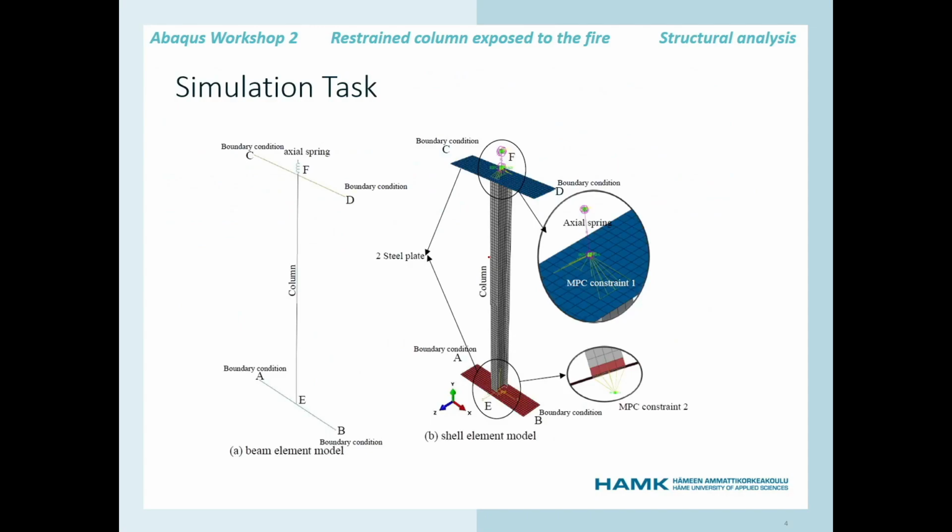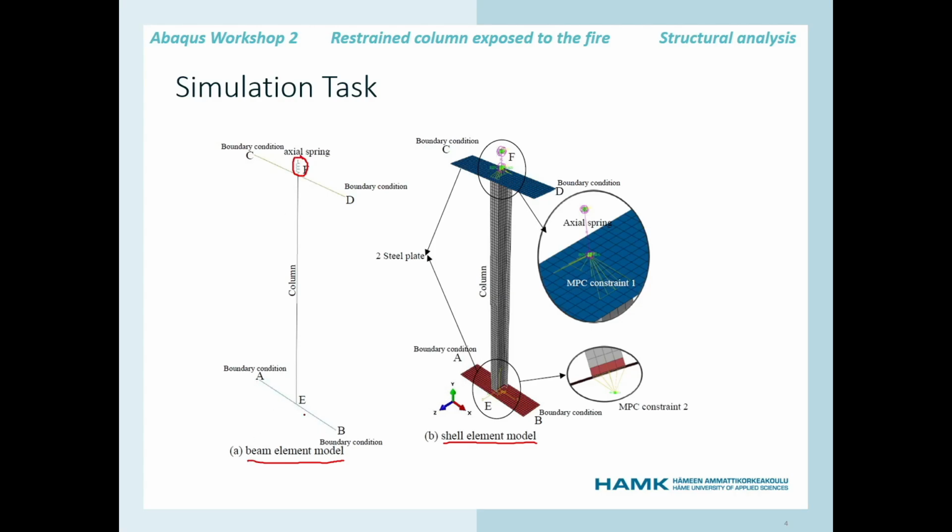Okay, so our task in this model is to create a simulation model using beam element and shell element. In the beam model, AB is the lower plate and CD is the upper plate, and there is an axial restraint, so we need to create a spring for the axial restraint.